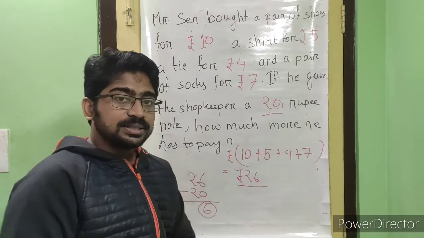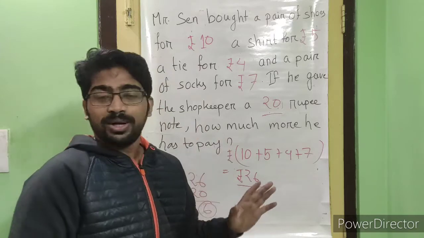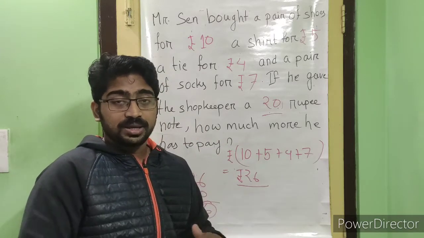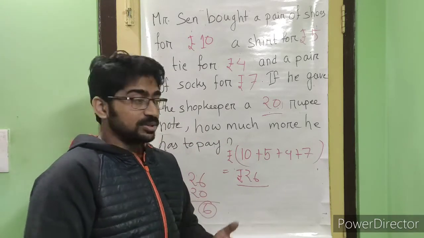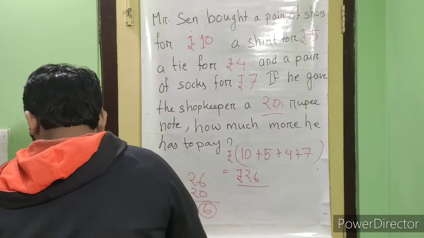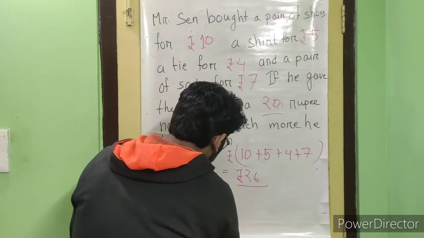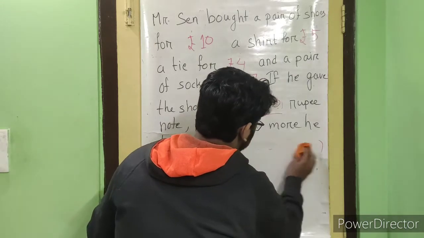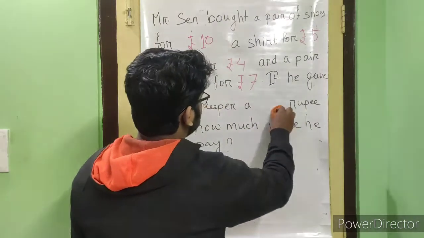Now you are in class 3, so 2 digit or 1 digit numbers will not come, you will get 3 digit numbers. So we need to write the actual amount. I am rubbing this.